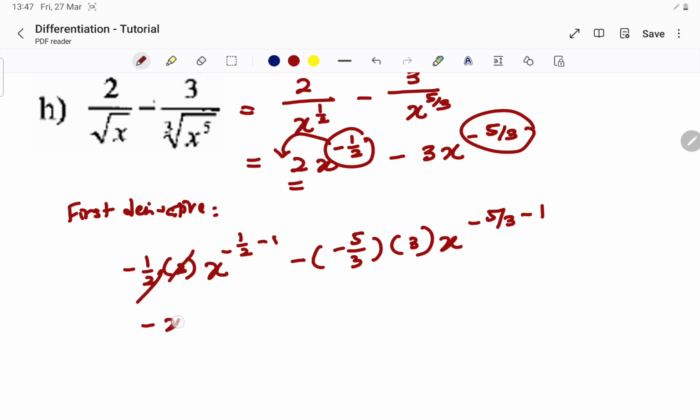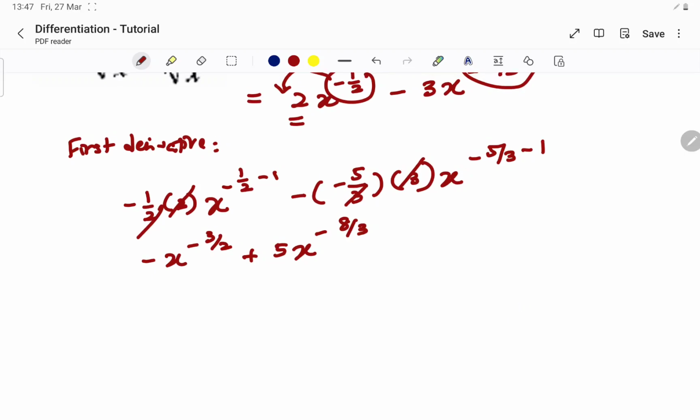You're going to get negative x to the power of negative 1 over 2 minus 1, which is negative 3 over 2, and then minus negative becomes positive, 3 and 3 cross out, and here you're going to get plus 5 x to the power of negative 5 over 3 minus 1, which becomes negative 8 over 3.